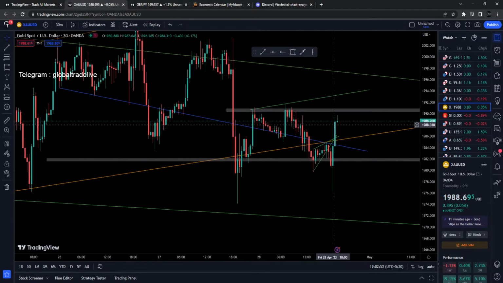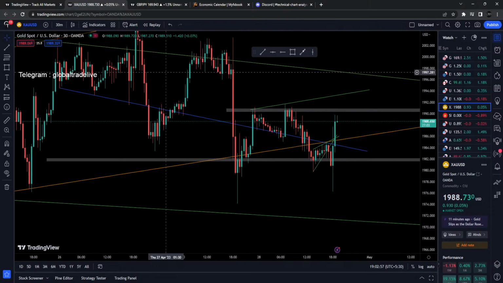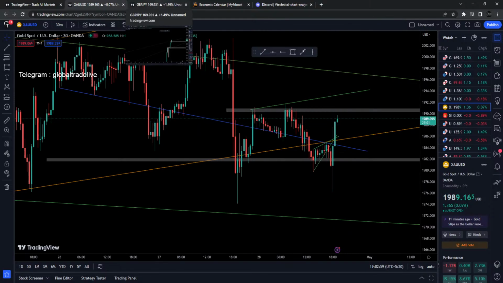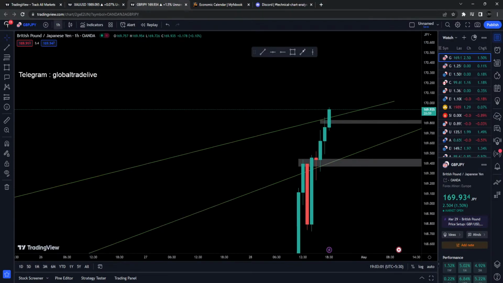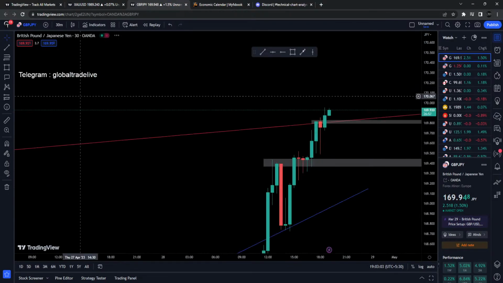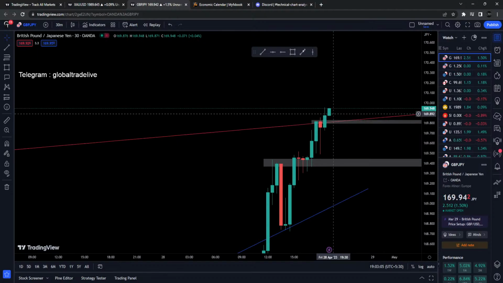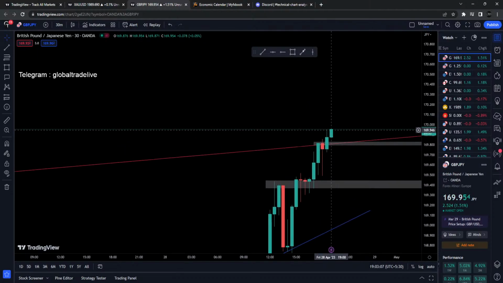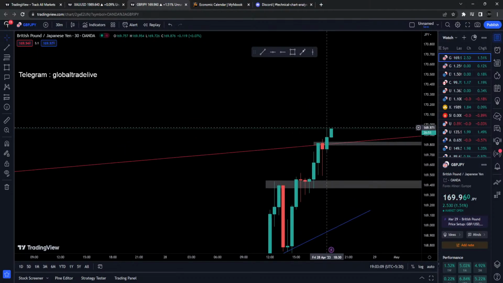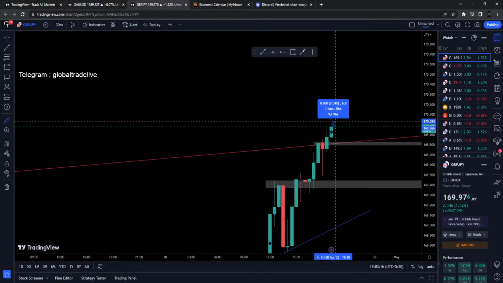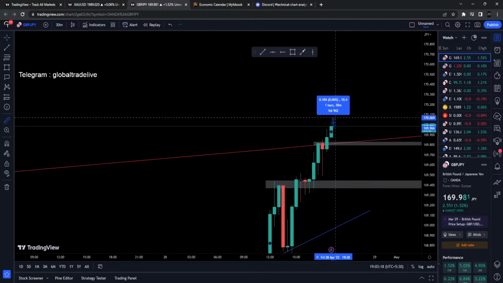Okay, so we should wait for a retracement in gold for 30 minutes, and in GBP JPY as well. So now it has broken the high of the previous one. Now it will be really interesting to see what's gonna happen. Let's see if it goes up like 10 pips.